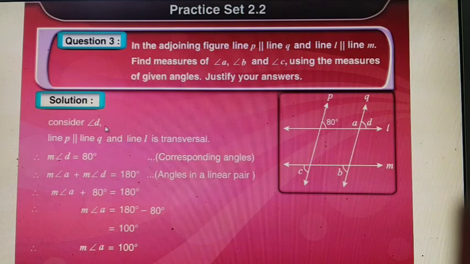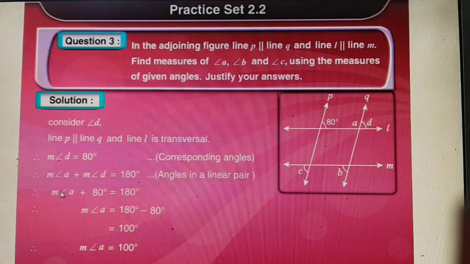Now consider angle D here. Line P is parallel to line Q and line L is a transversal. The measure of angle D is equal to how much? 80 degrees. Since this is given 80 degrees, I will skip this angle A and this D will also be 80 degrees. The reason will be corresponding angles.